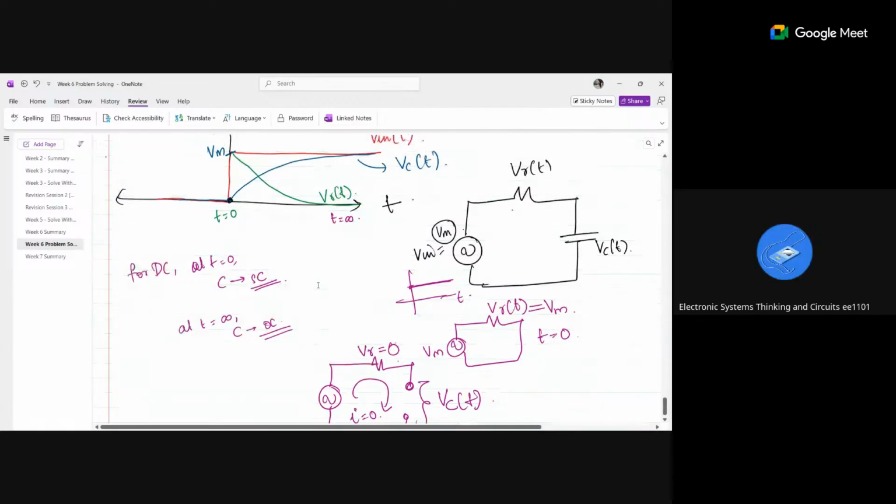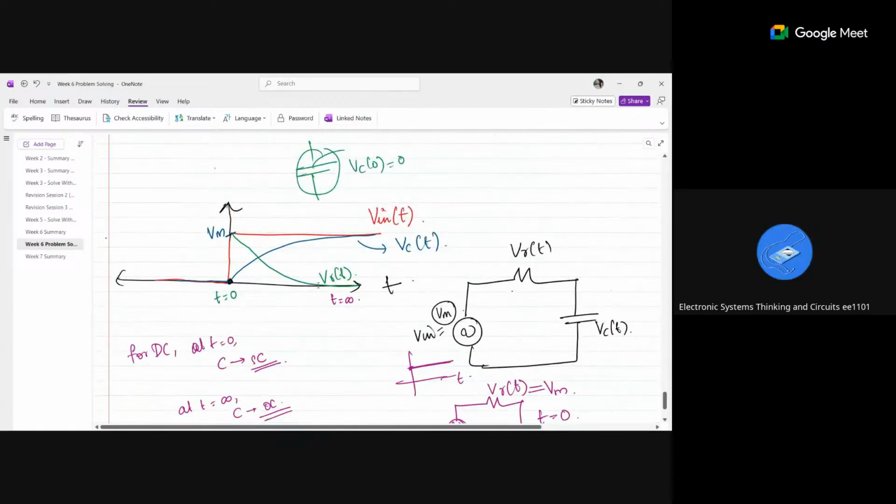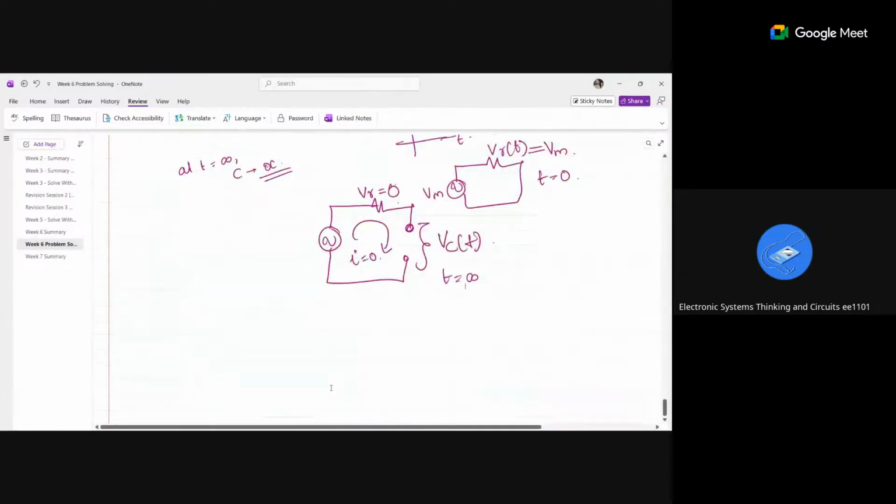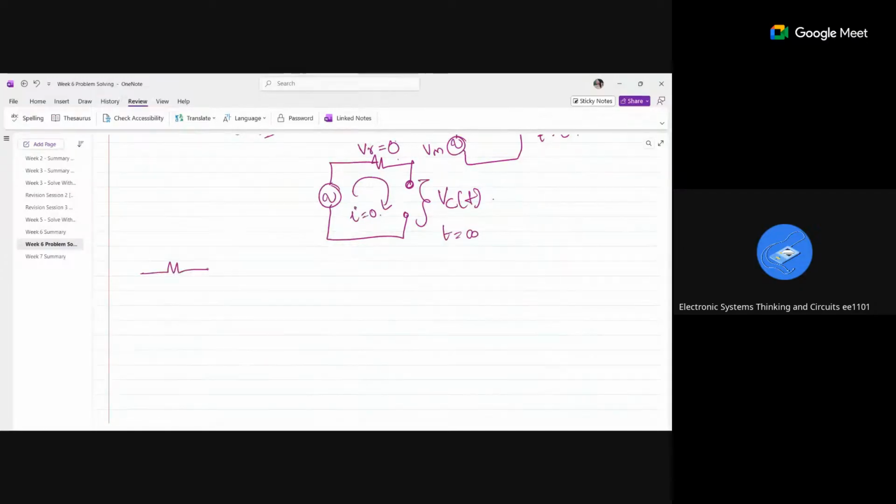So these are the concepts you will actually be learning in weeks 10, 11, and 12. This week's content is important for the upcoming weeks, and knowing the capacitor is very important. Next week, week 7, you will be seeing the high pass filter, low pass filter, and band pass filter, and all these filters are made of this RC combination only.